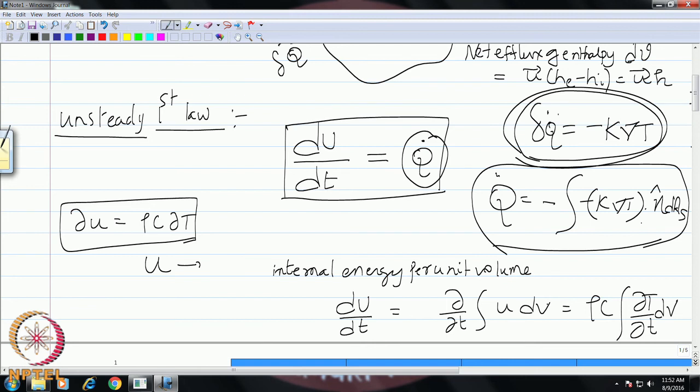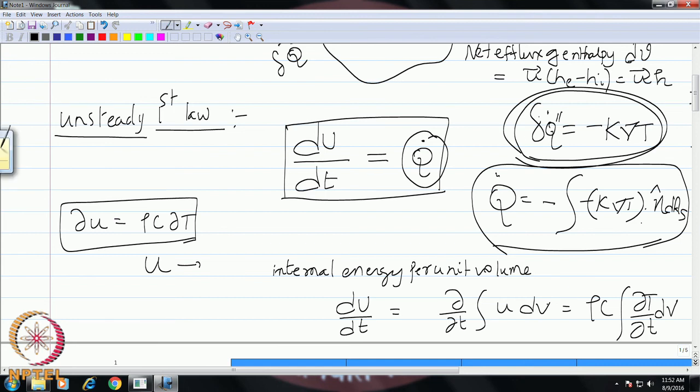So, in fact, this should be a del q double prime, this is your heat flux and this is your heat transfer rate, we multiply it by the differential amount of surface area. So, this relationship to close is required, otherwise we will not be able to solve the energy equation. So, we need to express q in terms of temperature. Now, therefore, the resulting equation becomes a scalar transport equation in terms of temperature.